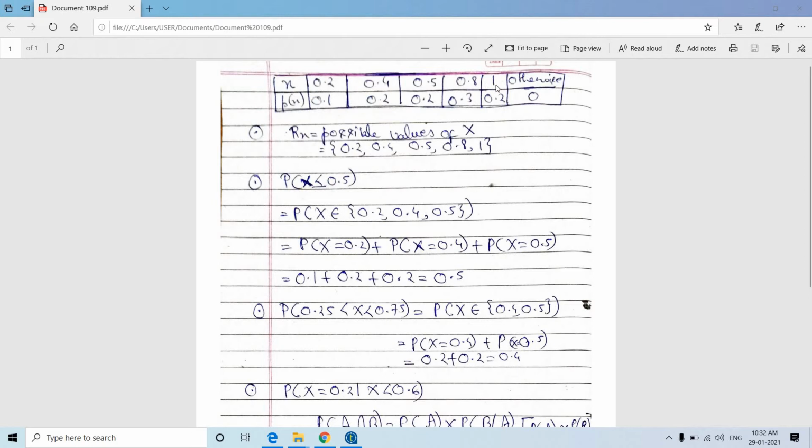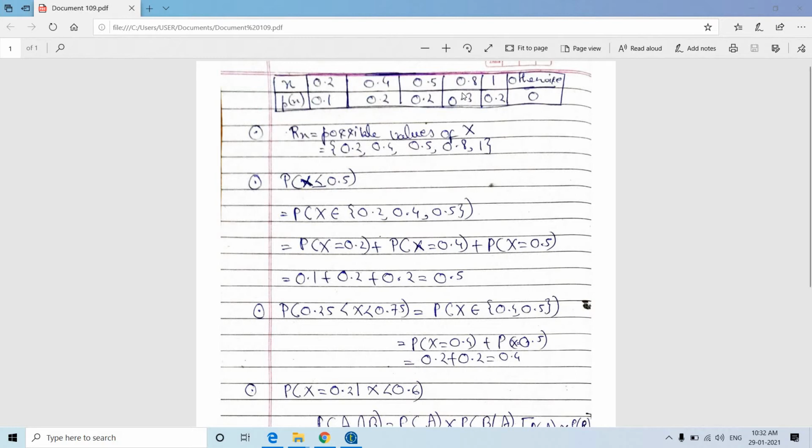For any random experiment, we can't say what value will come the next time we do the experiment, but we can say what the probability is. If you toss a coin, the probability that head will appear is half, and the probability that tail will appear is half if the coin is unbiased. If you roll a dice, among the 6 values 1 will come, so each probability is 1 by 6.